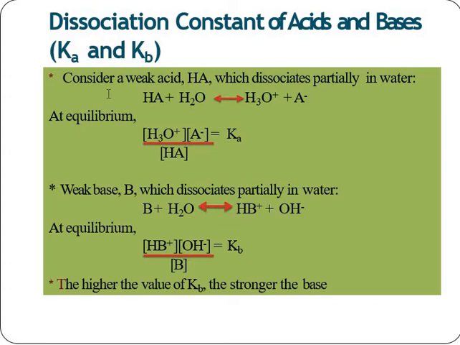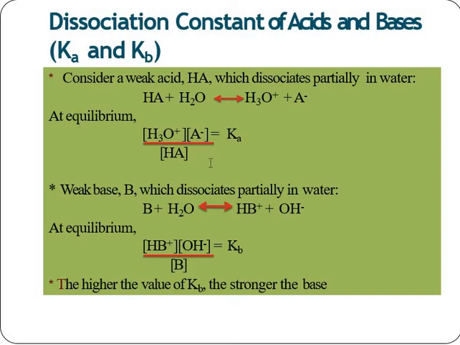So let us consider an example of a weak acid. HA is a weak acid. This reacts with water and gives H3O plus and A minus ions. So dissociation constant is a constant of the concentration of products to the concentration of reactants.